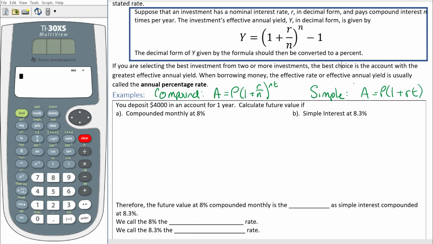So for the first problem, we have A, P, r, n, t, where our P is 4,000. It's for 1 year, so t is 1. Compounded monthly, so that's 12 times a year, and the rate is 0.08.